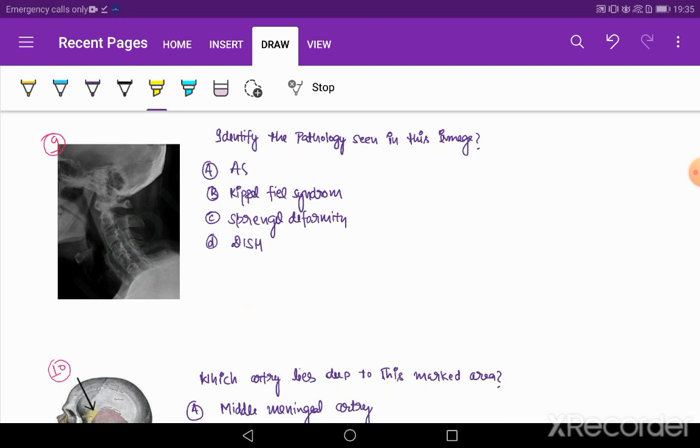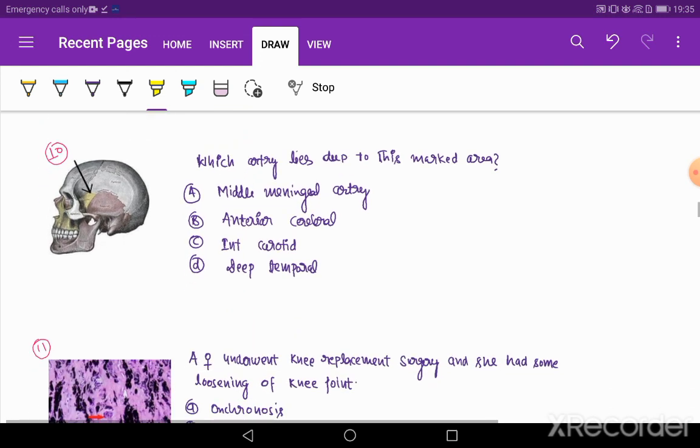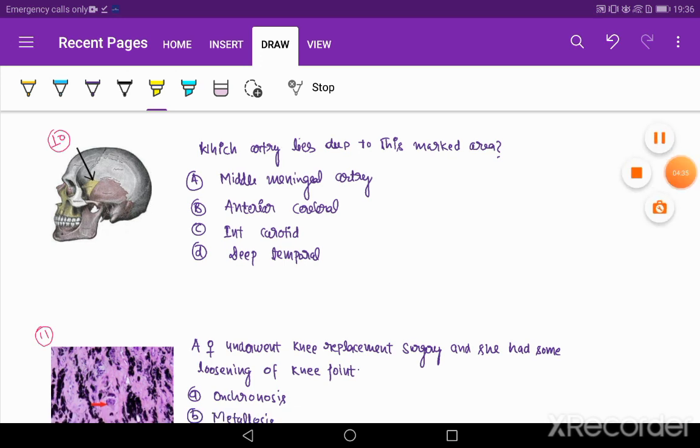Our next question is to identify the pathology seen in this image. This question I have already discussed. Which artery lies deep to this marked area? This is the pterion, and deep to this, the artery is the middle meningeal artery.